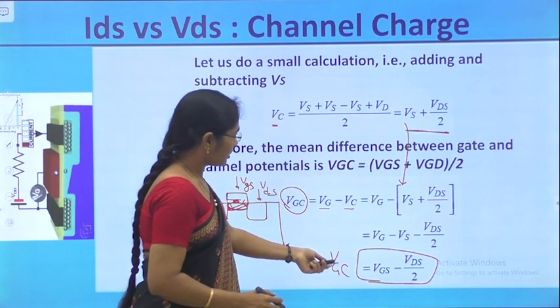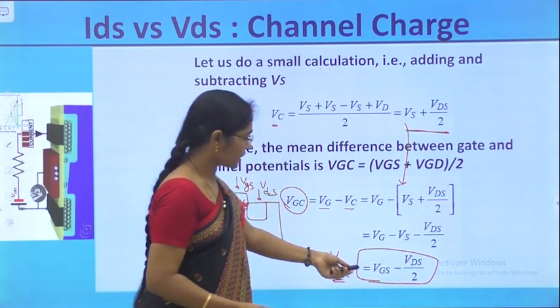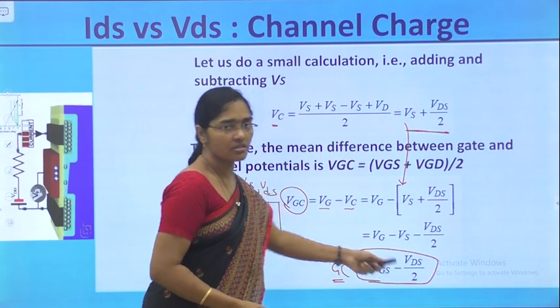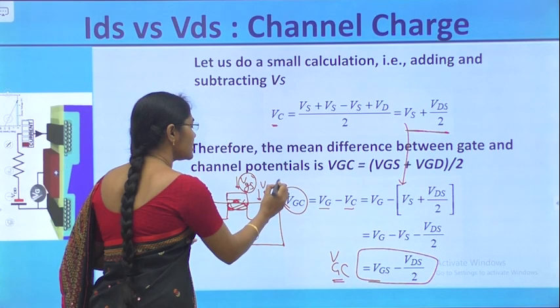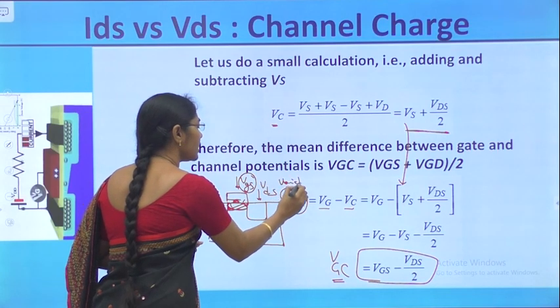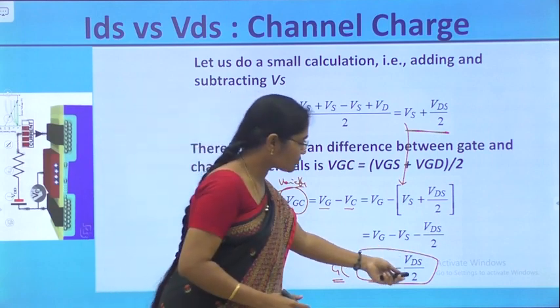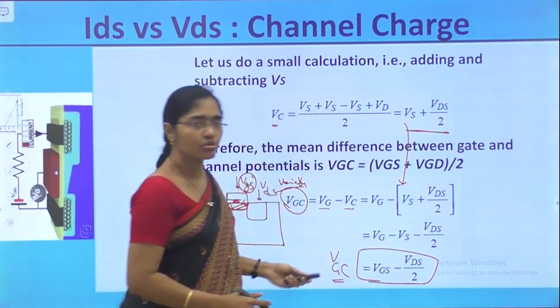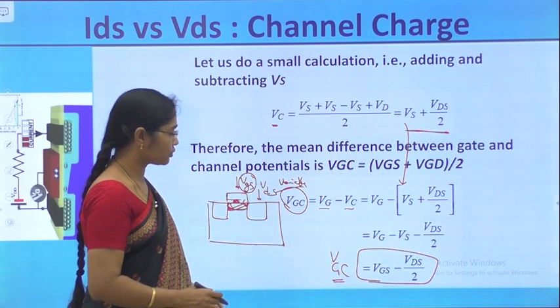So on average, the gate to channel potential is VGS minus VDS by 2, because VGS is constant but VDS is variable. Taking the average of that variable, VDS by 2, we get this. So VGC is equal to VGS minus VDS by 2.